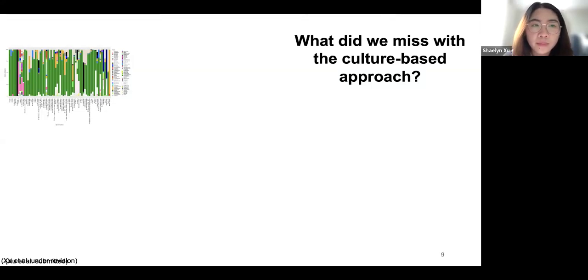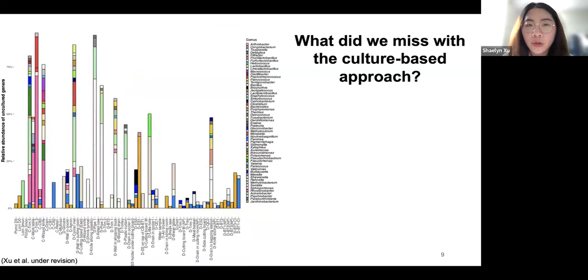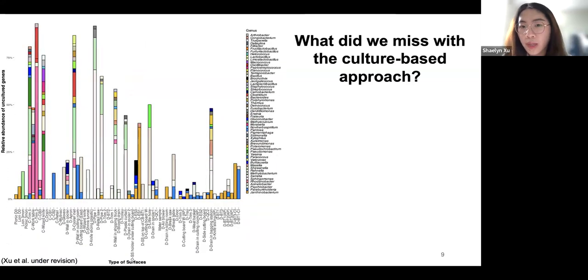This is how the data look by the 16S sequencing. We compared this result with our culture-based result to show what is there and what we have missed.